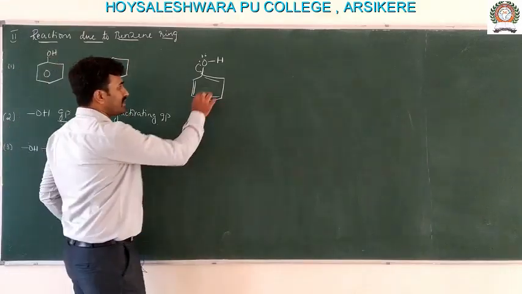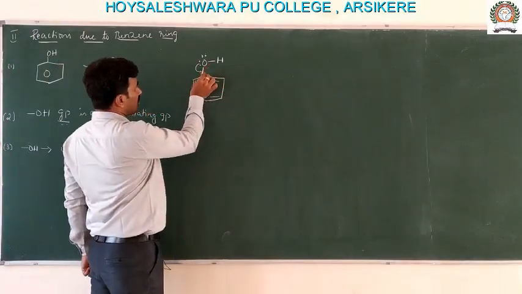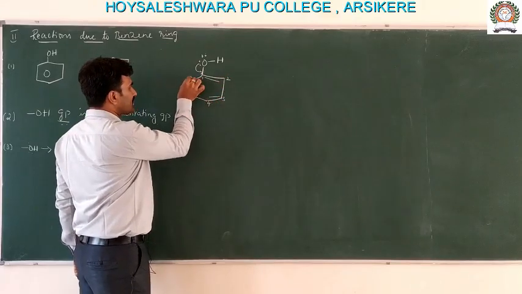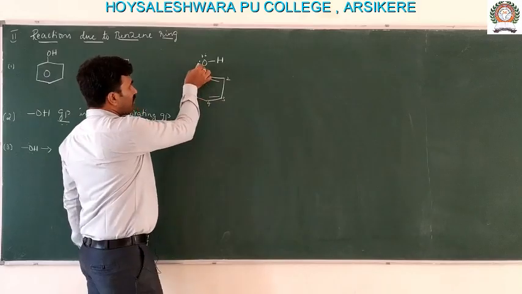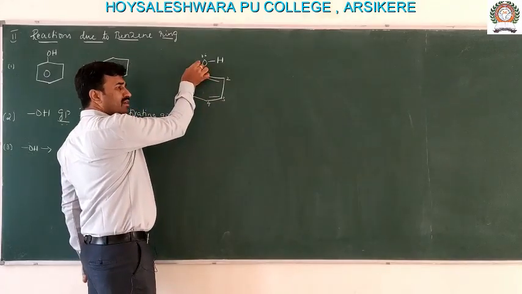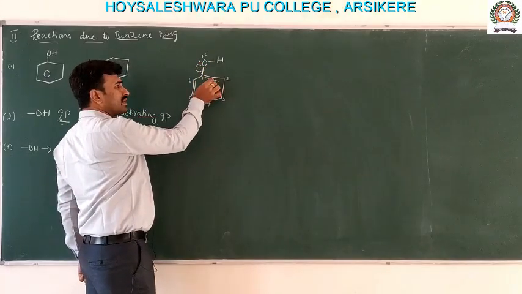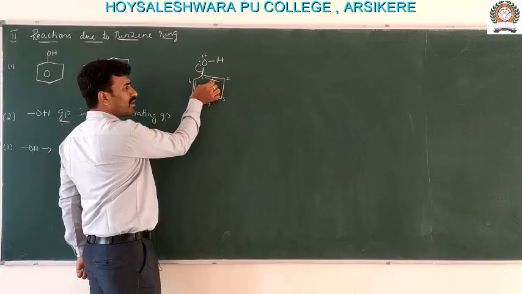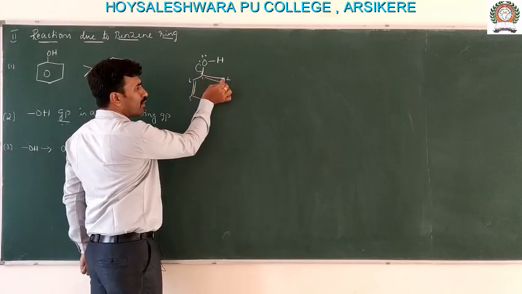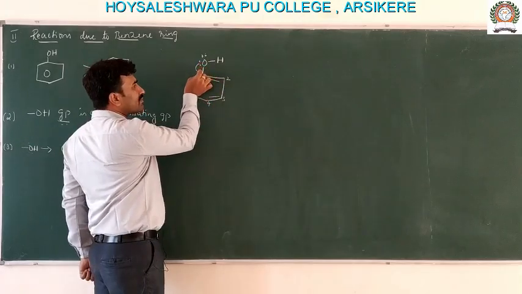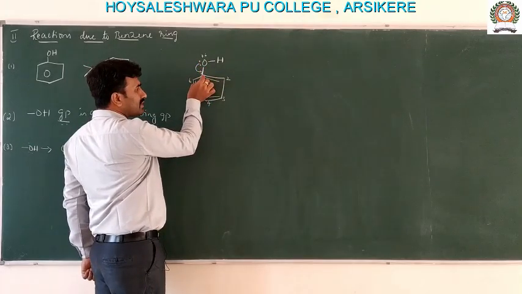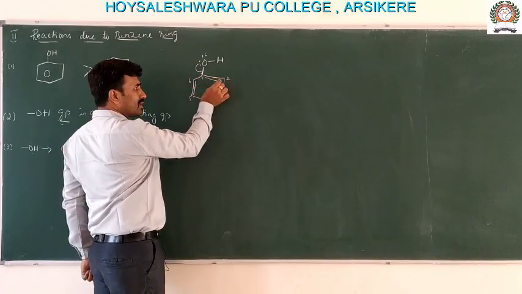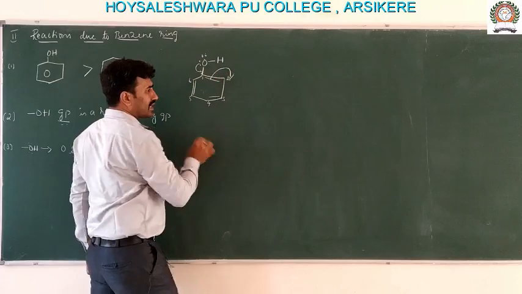So let's see, we'll write the resonance structures. So first carbon, second, third, fourth, fifth and sixth position. When the lone pair of electrons present on the oxygen atom is involved in resonance, the pi bond present between carbon number 1 and 2 moves. When this lone pair of electrons comes between the carbon and the oxygen atom, the pi electrons between 1 and 2 move to the second position.